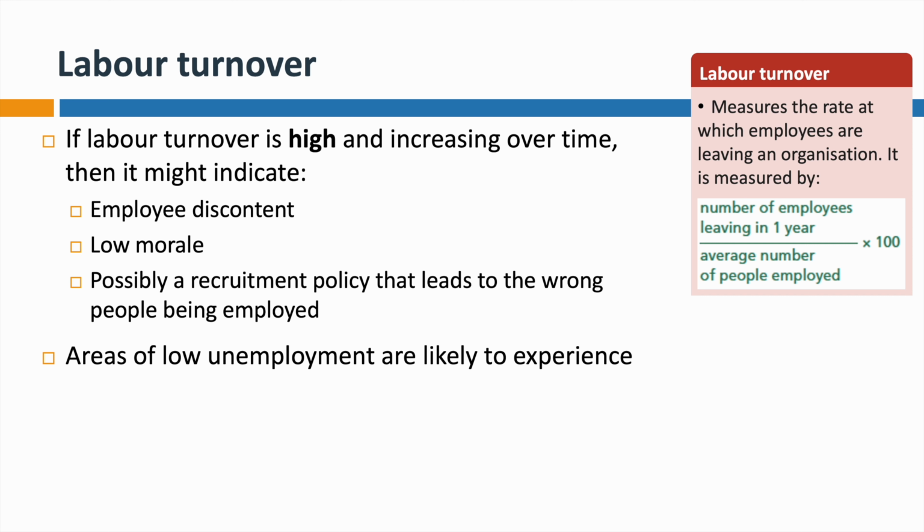Areas of low unemployment are likely to experience high labor turnover or low labor turnover? So if we have low unemployment, the areas of low unemployment are likely to experience high labor turnover. Why is that?